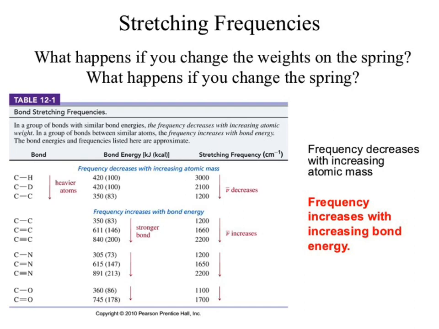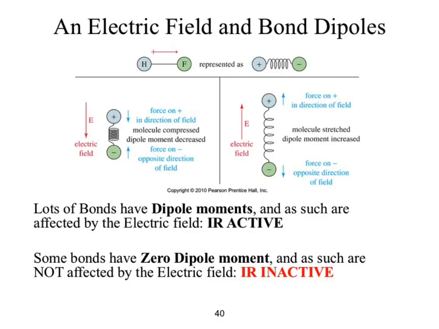I think the bond energy is the easiest. As we move from a single bond up to a triple bond, what happens? Well, the bond got stronger. What happens to the frequency? It goes up, goes to a higher energy, because there's more energy in that bond.